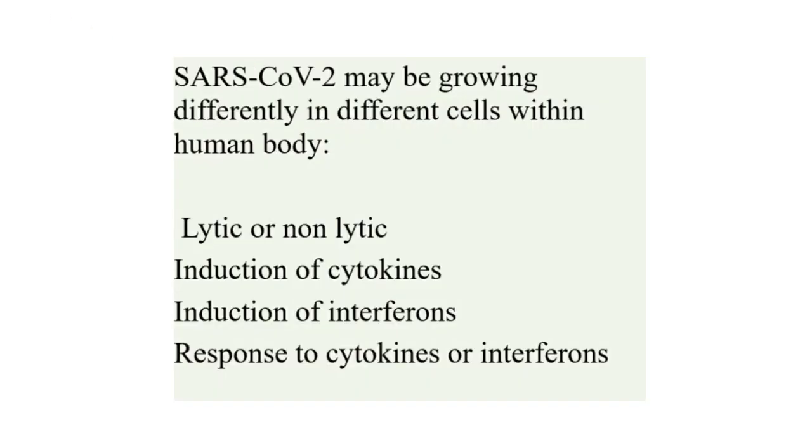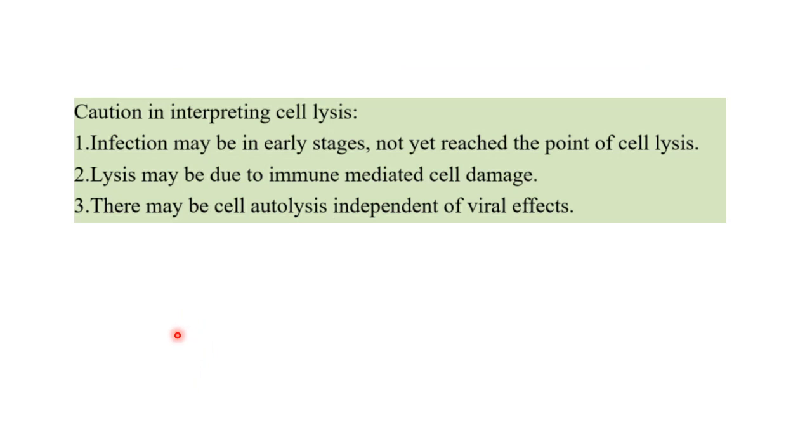So SARS-CoV-2 may be growing differently in different cells within the human body. Lytic or non-lytic, induction of cytokines, induction of interferons, response to cytokines or interferons. All these things may vary from one person to another. We should have some caution in interpreting cell lysis. Infection may be in early stages, not yet reached the point of cell lysis.